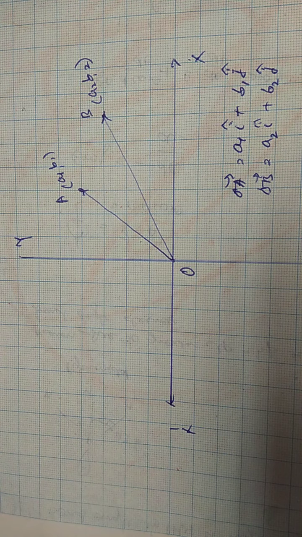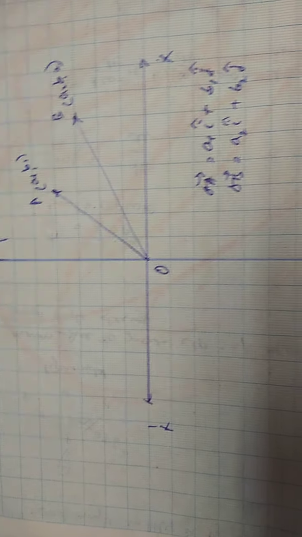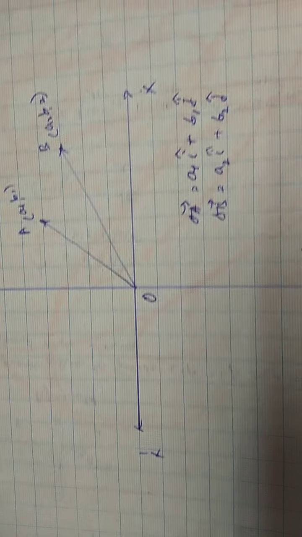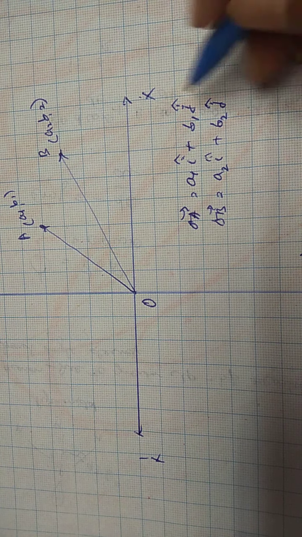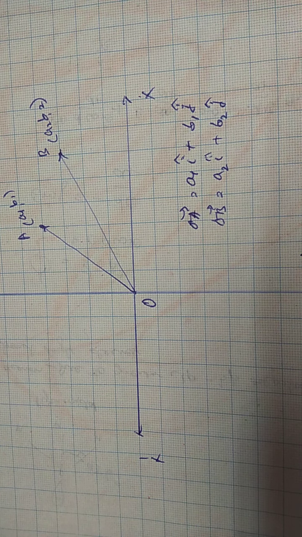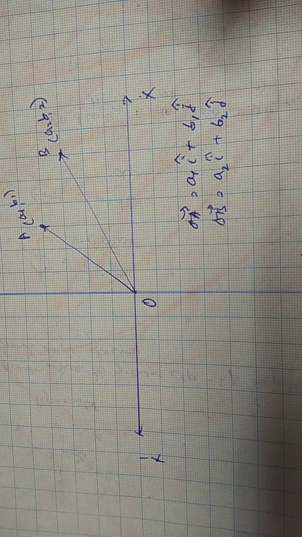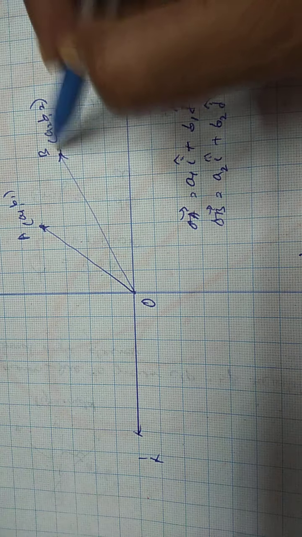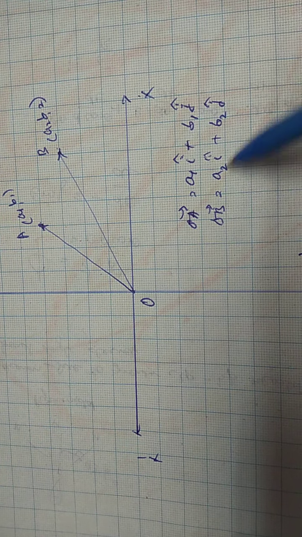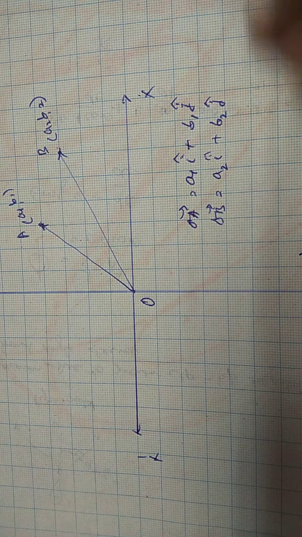Since we are dealing with two dimensions only, just because we are beginners, we will deal with only two coordinates. Clear? So you can locate any vector. If the coordinate is known, we can represent the vector in this manner.